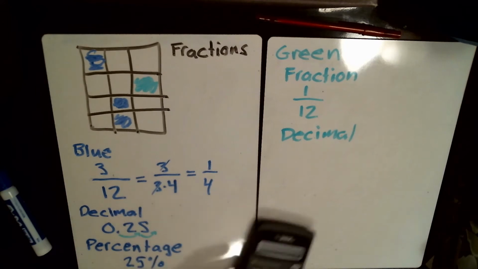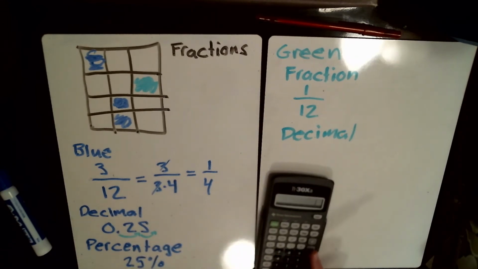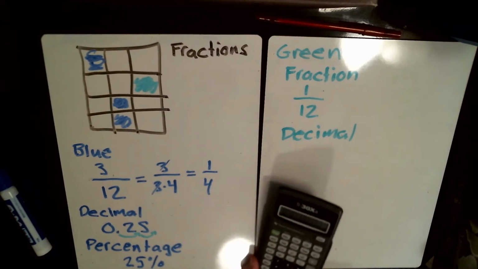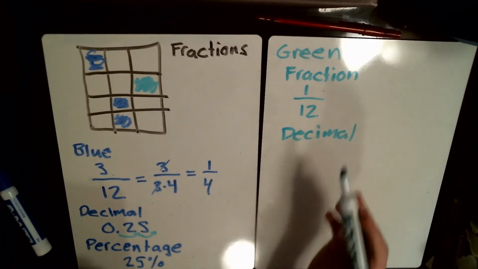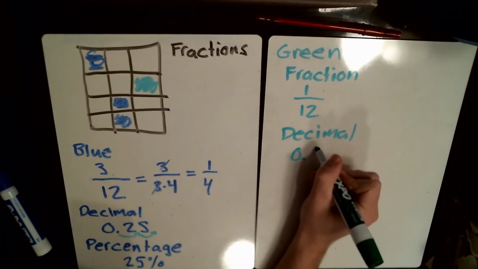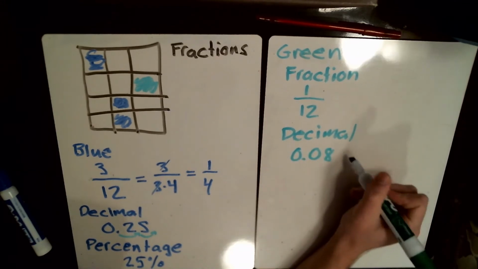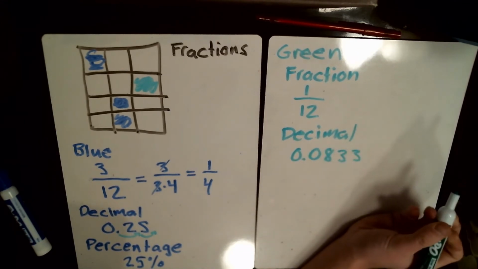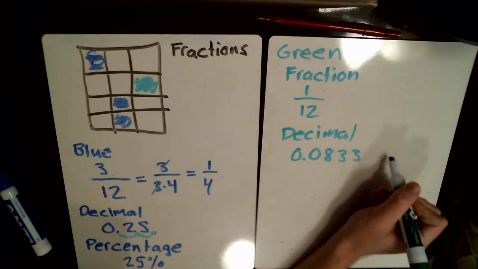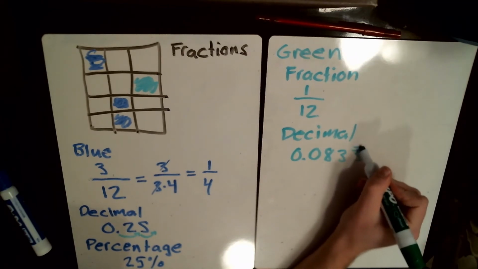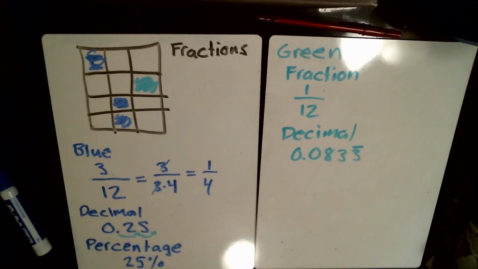So we pull up our calculator and we do 1 divided by 12, which says it's 0.0833, and it keeps going with threes forever. So sometimes we'll write a little bar on top when it's a repeated number there. Okay? So that's our decimal.